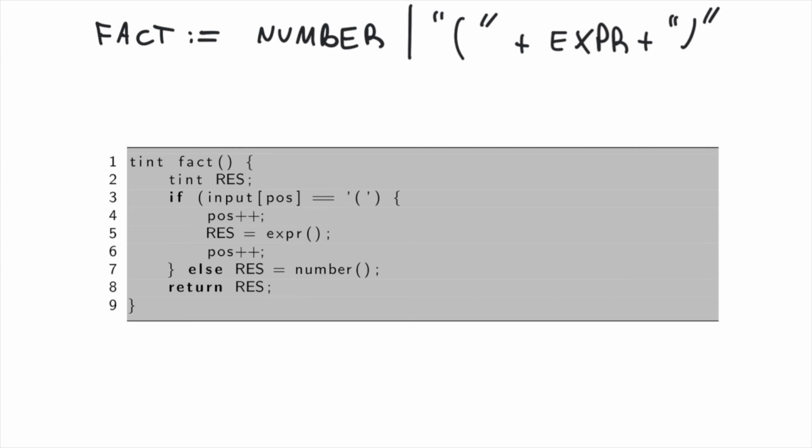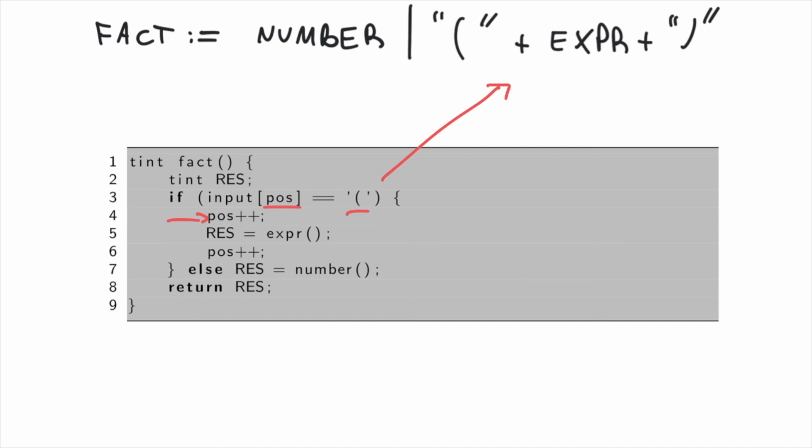Okay, so before we use the fact function, which was not yet defined, we need to define it now. A factor is either a number or an expression between parentheses. So what should I do? Well, I should check if the next position that I need to consider is an opening parenthesis. This case corresponds to an expression being between parentheses. Then what I need to do is first advance the position counter to take into account that I already know that this is an opening parenthesis and the expression starts just after this.